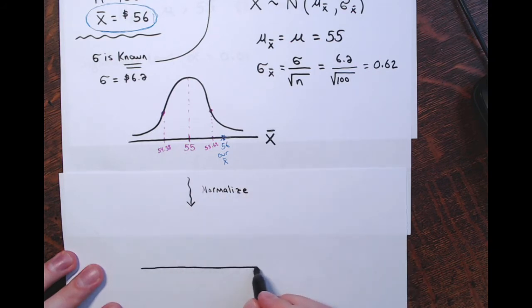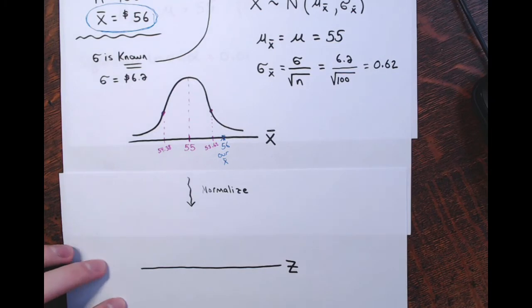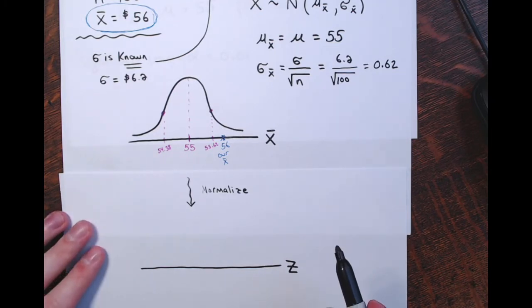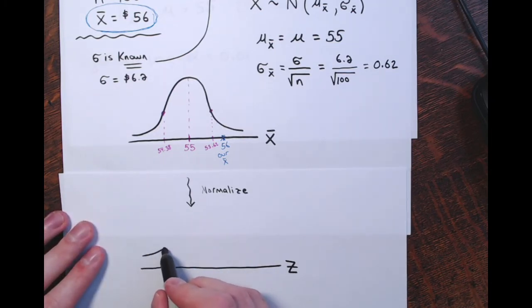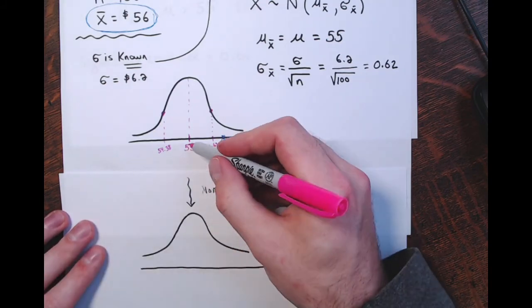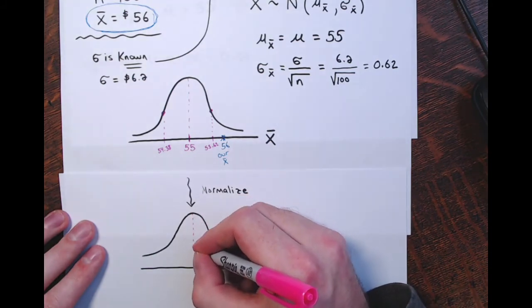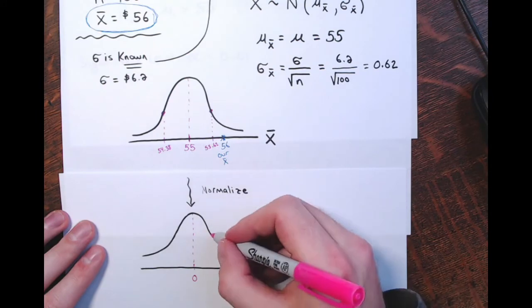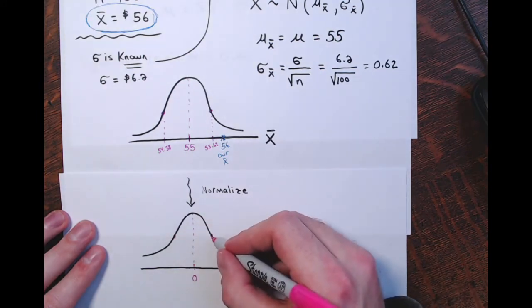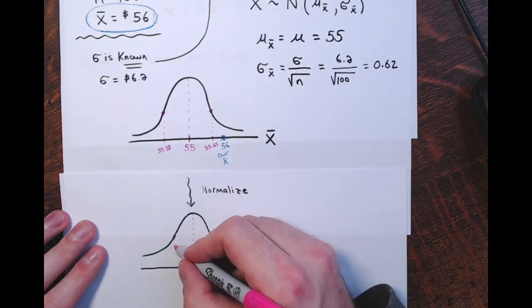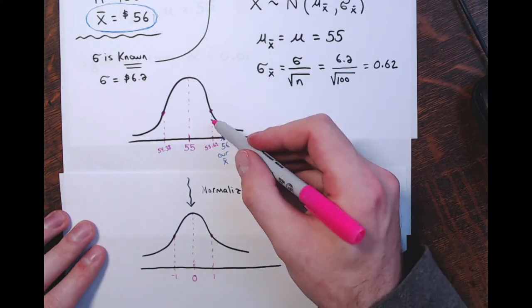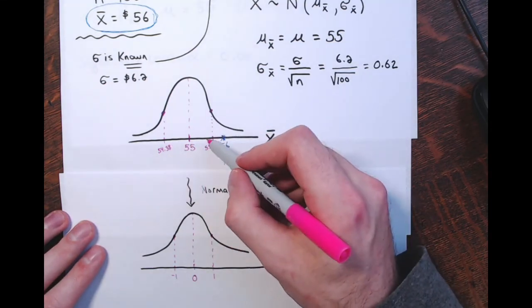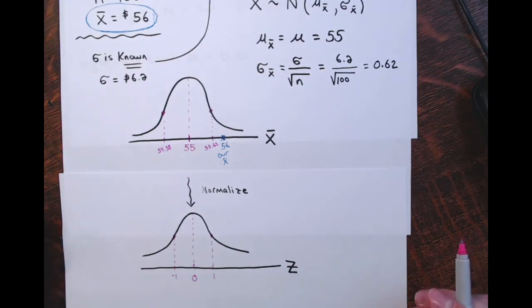Remember, the standard normal, z, has a mean of 0 and a standard deviation of 1. So again, it's still the same looking curve, but now the z-score for the mean of 55 would be 0. The z-scores under these inflection points would be 1 and -1, because these values are 1 standard deviation above and below the mean.